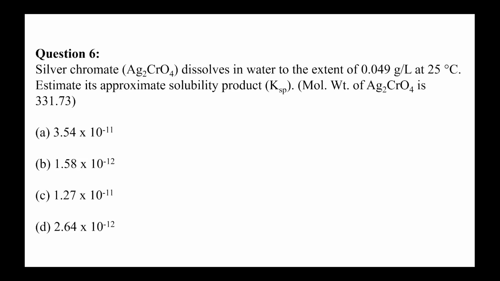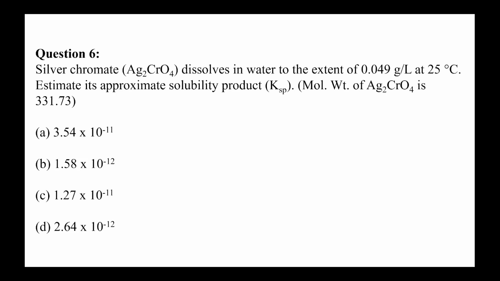Solubility of any salt is defined as the maximum amount of that salt that can be dissolved in a particular solvent at a particular temperature. So for silver chromate, we can dissolve 0.049 grams in 1 liter of water at 25 degrees Celsius. That is the maximum amount of silver chromate that can be dissolved. So this is the solubility.